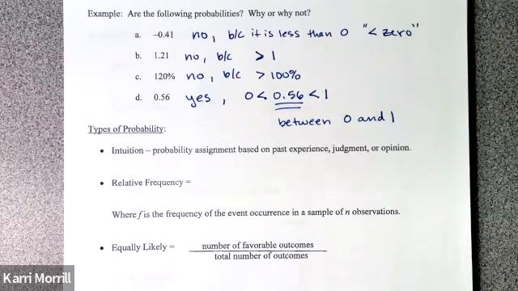Types of probabilities: intuition, which is probability assignment based on past experience, judgment, or opinion. You just get a feeling that it's probably or probably not going to happen.